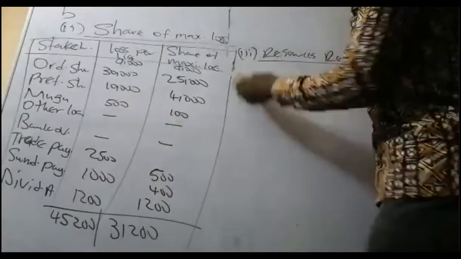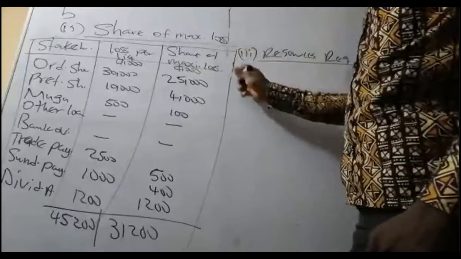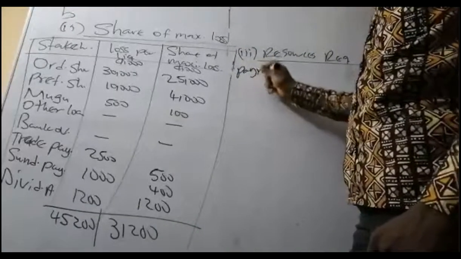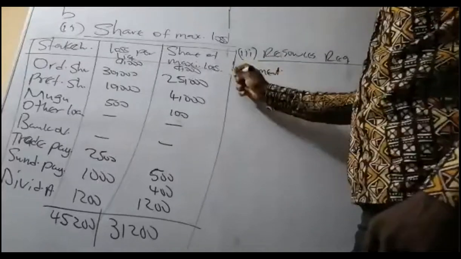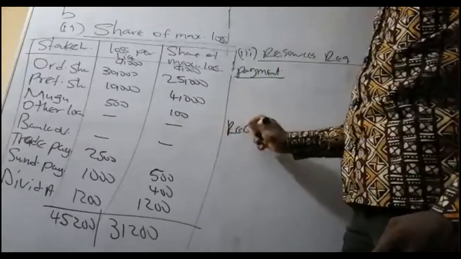I think the payments should come first, then your receipts down. So payment, then receipts.